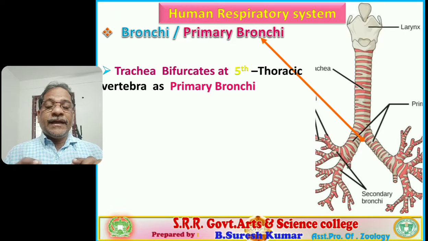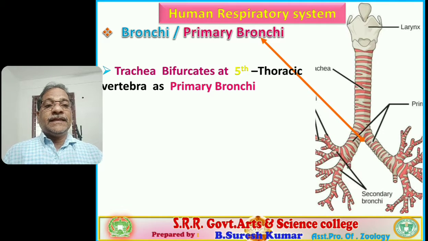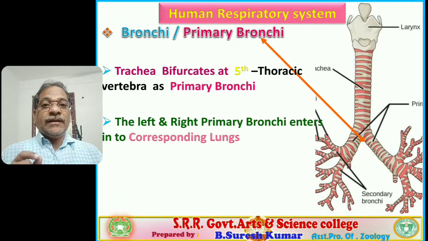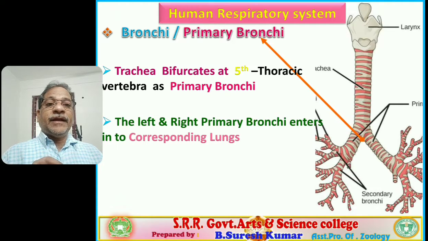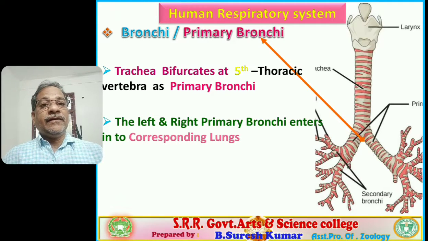At what region? At the fifth thoracic vertebra. You remember it was asked in entrance examination. At the fifth thoracic vertebral region, it splits into two branches and gives rise to the primary bronchi. The left and right primary bronchi enter the corresponding lungs: the left primary bronchus enters the left lung and the right primary bronchus enters the right lung.